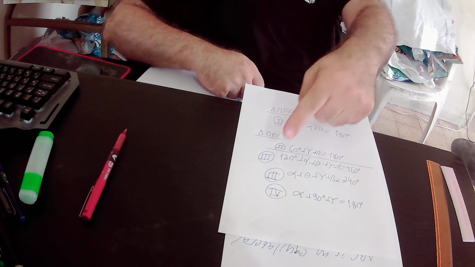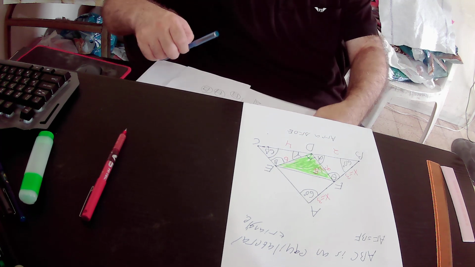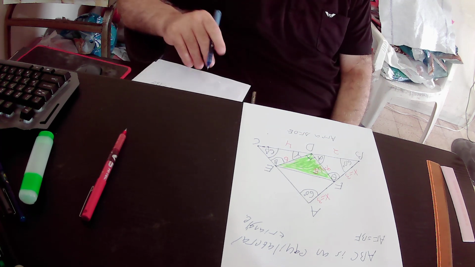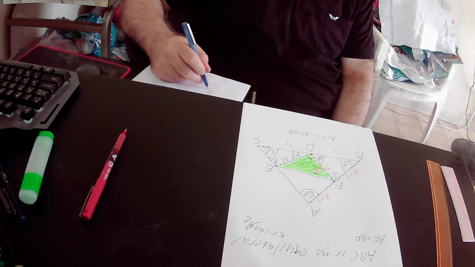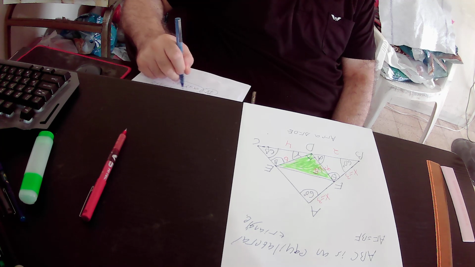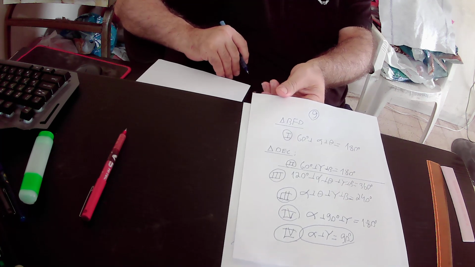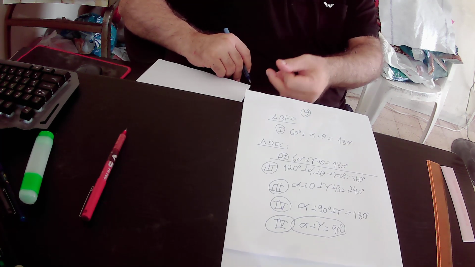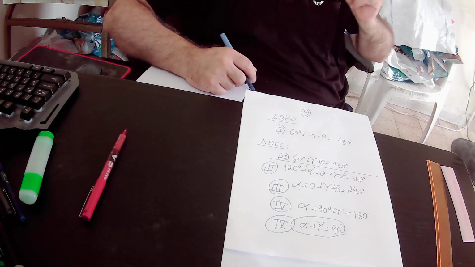Okay, here we will subtract 90 degrees from the fourth equation, and we will get that alpha plus gamma equals 90 degrees.